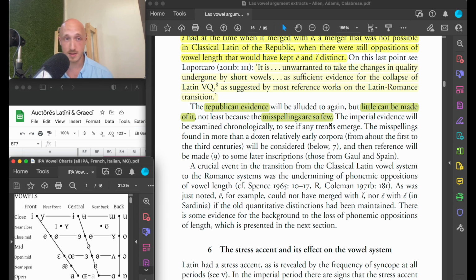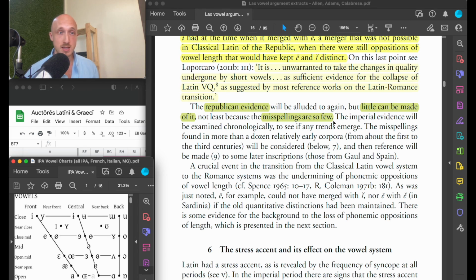So according to Adams, the very evidence that Allen uses is essentially worthless. It does not tell us nearly enough. The misspellings are few. You might think, oh, this is always happening. It's not. It's very rare.